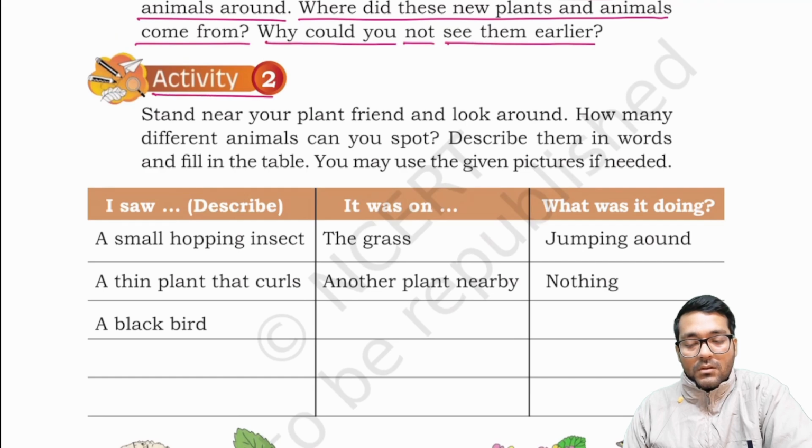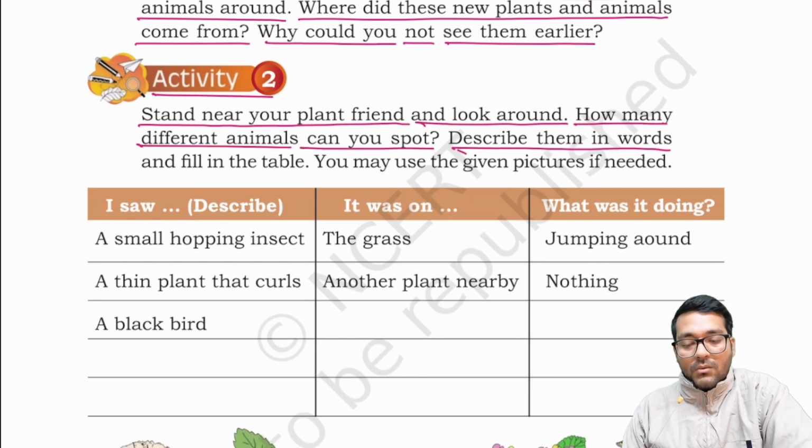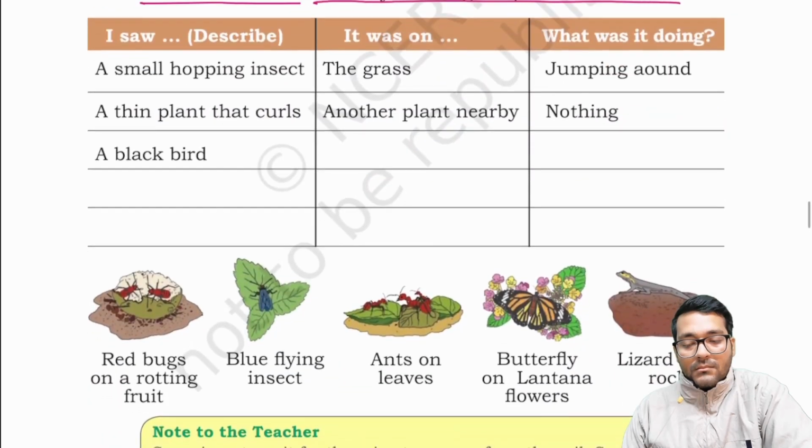Activity 2. Stand near your plant friend and look around. How many different animals can you spot? Describe them in words and fill in the table. You may use the given pictures if needed. I saw, describe, a small grasshopping insect.